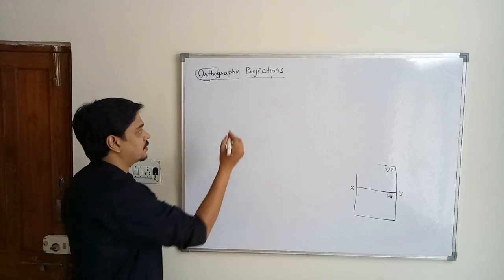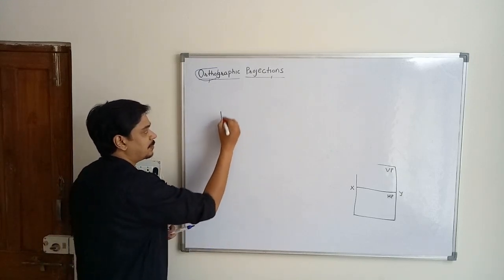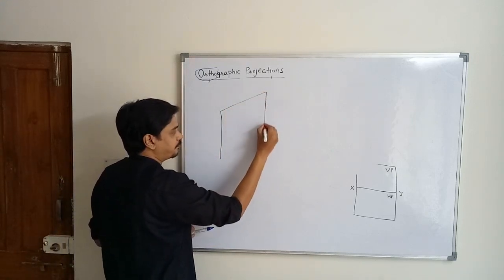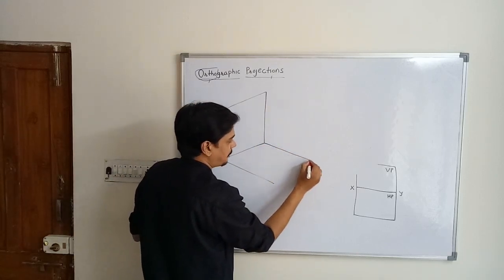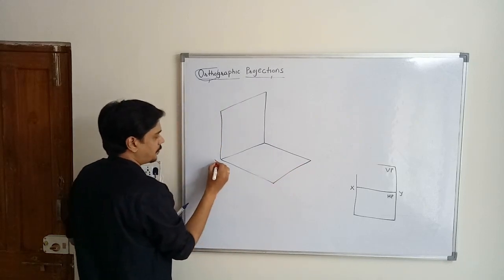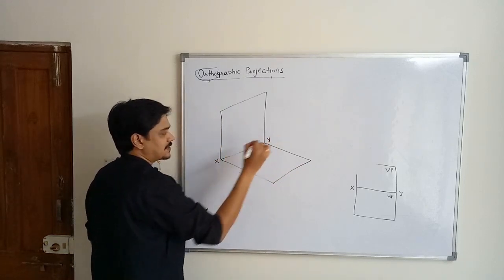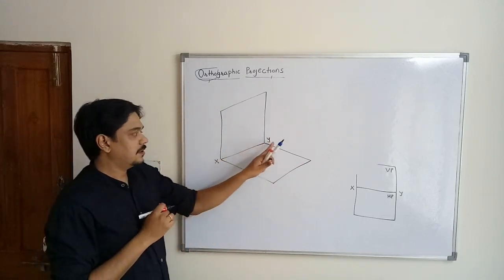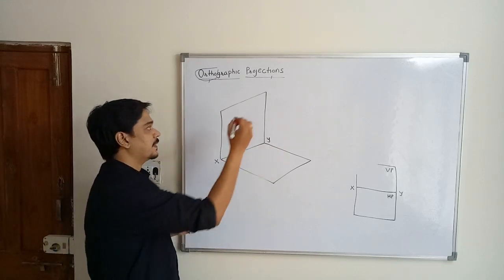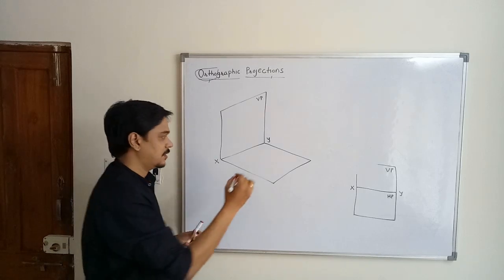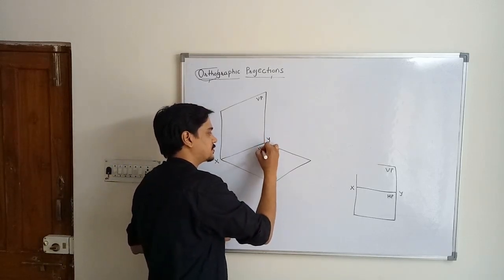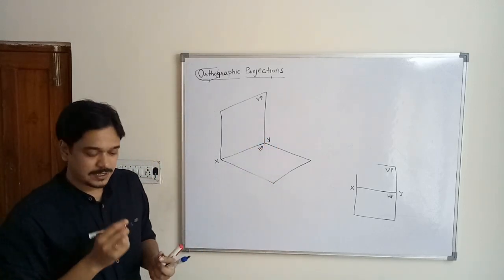For this we will again require the horizontal plane and the vertical plane. So as I have already told you that this is a XY line, that is a reference line. This vertical wall surface is called as vertical plane. Horizontal wall surface is called as horizontal plane.